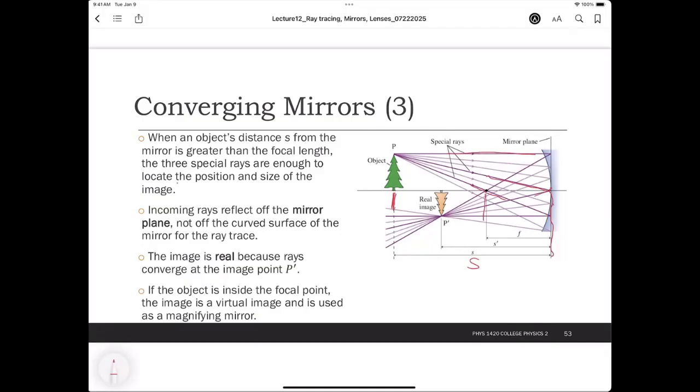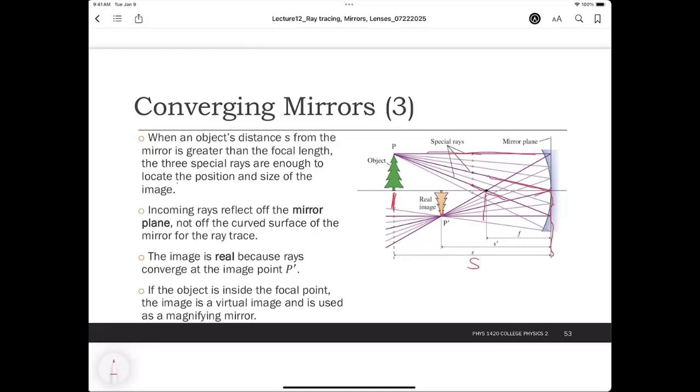Incoming rays reflect off the mirror plane, not off the curved surface of the mirror, for the ray trace. The image is real because rays converge at the image point.